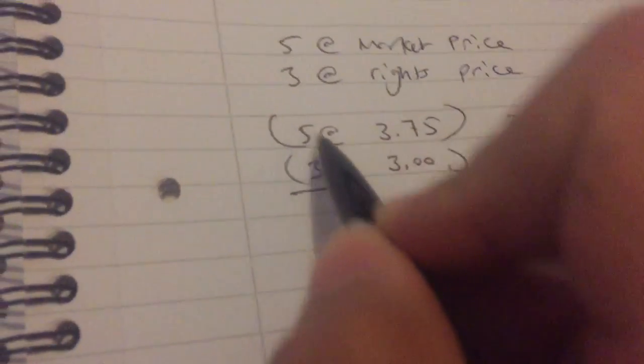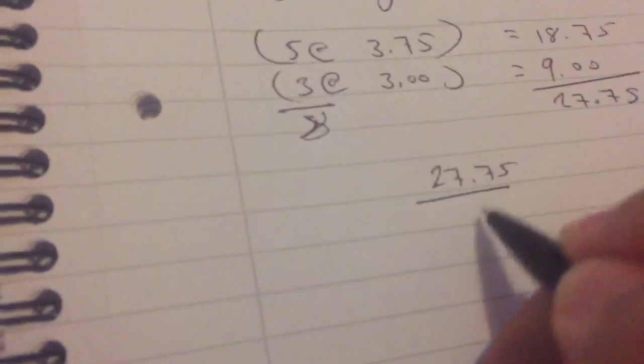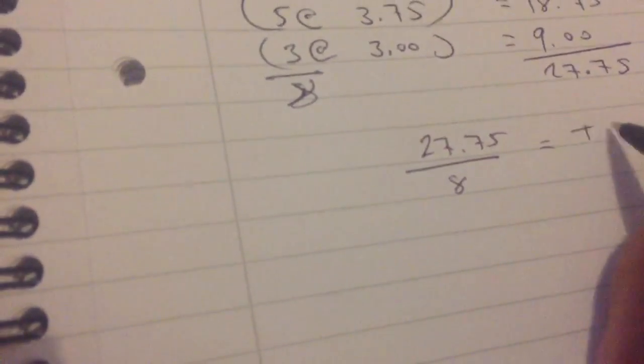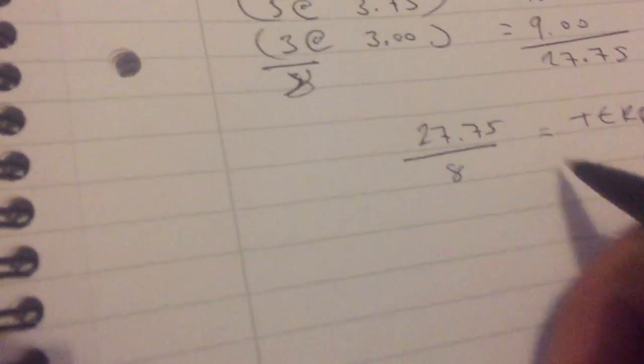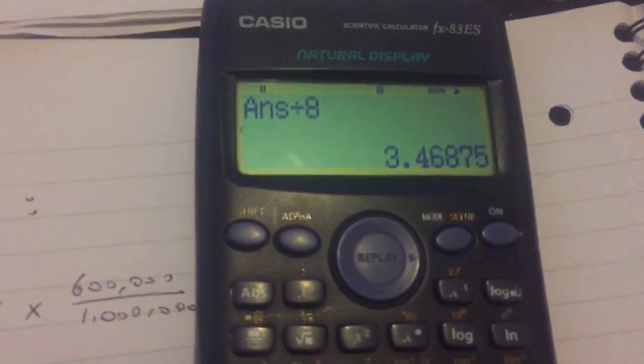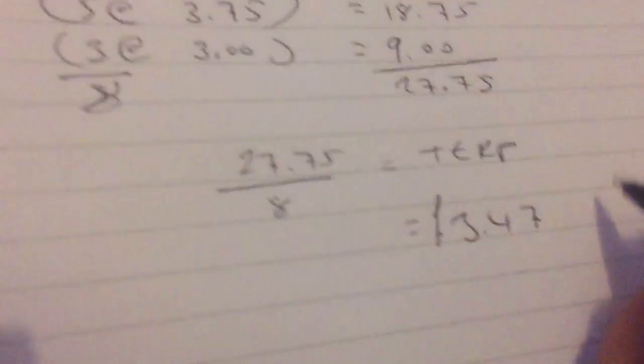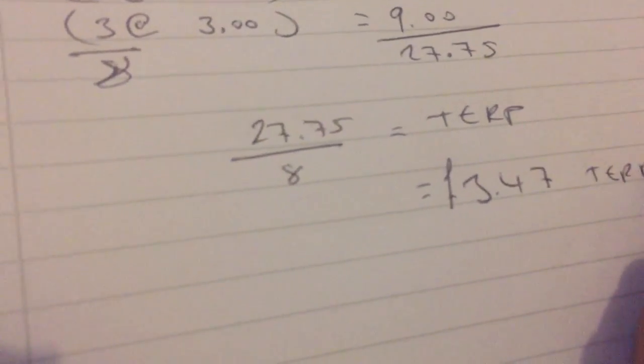Then 5 shares at market price plus 3 at the rights issue: how many shares in total? 5, 6, 7, 8. So we do £27.75 divided by 8 to work out the theoretical X rights price, which equals £3.47.